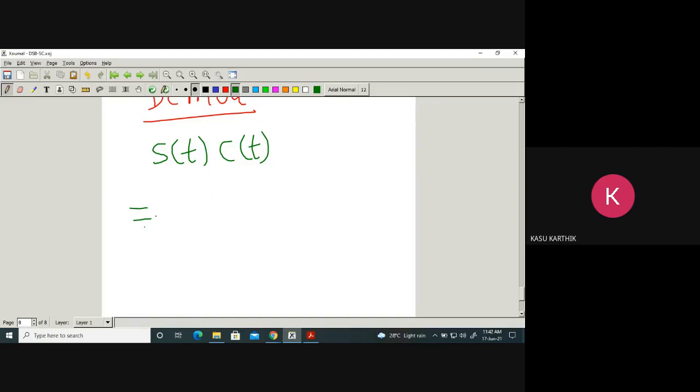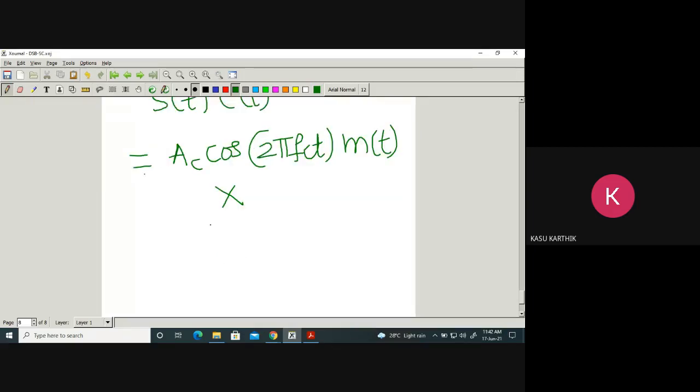What is S of t? S of t is AC cos 2 pi fc t into M of t. So I am again multiplying with cos 2 pi fct. I am not writing AC again and again, that is okay. So what will happen?